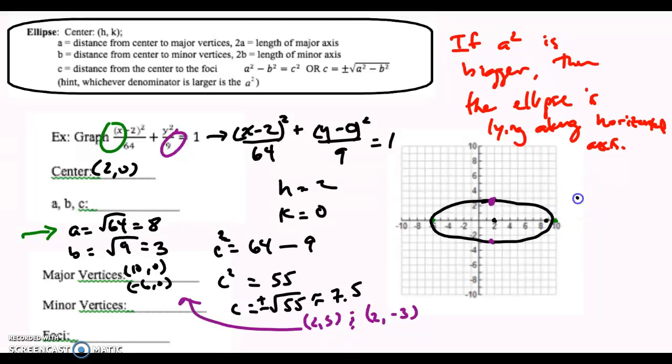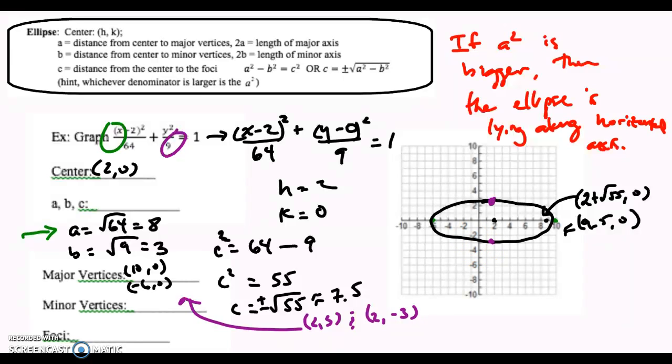And again, this is going to be a really bad drawing, so I'll just label it here. This foci value should be 2 plus the square root of 55, comma 0. And again, that value is approximately 9.5, comma 0. And then the other foci value, if I subtract 7.5, 2 minus 7.5, that's going to be about negative 5.5.